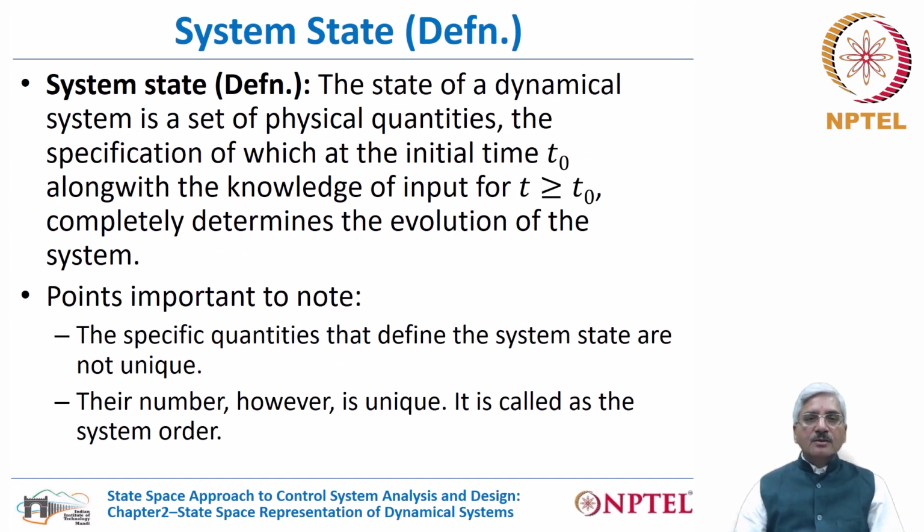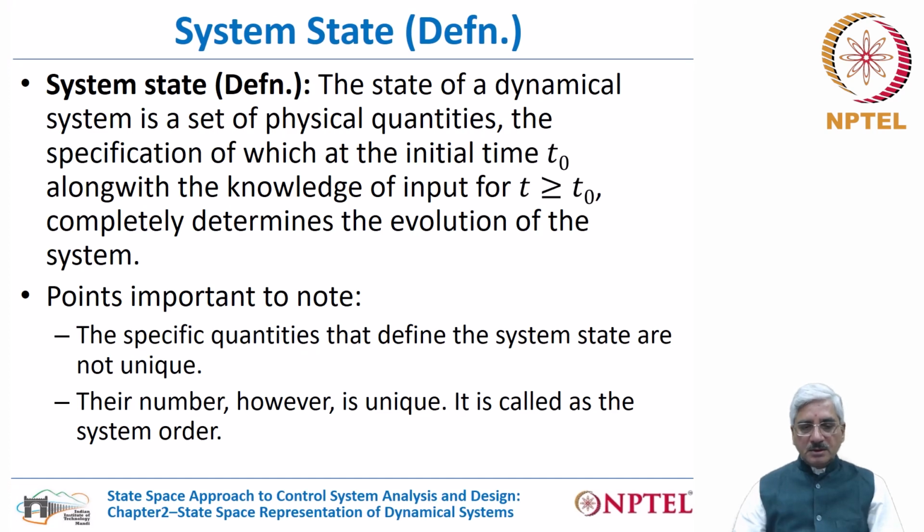First, we define what we mean by a system state. The state of a dynamical system is a set of physical quantities, the specification of which at the initial time t0, along with the knowledge of input for time equal to or greater than t0, completely determines the evolution of the system.